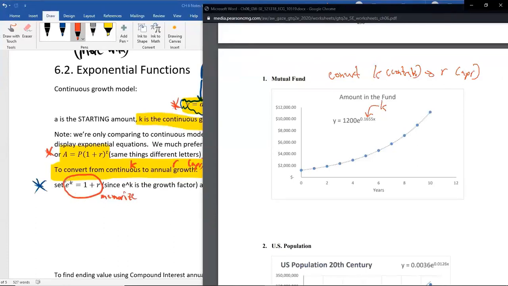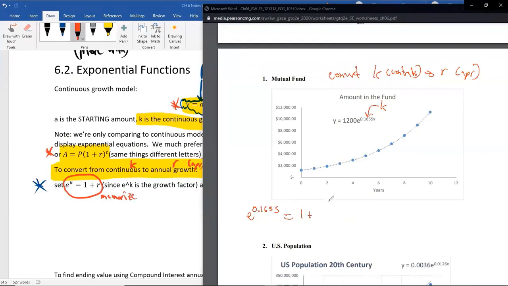You set the growth factor of one version, which I've said is e to the k, equal to the growth factor of the other version, which is 1 plus r. So e to the k is e to the 0.1655. Set that equal to 1 plus r. Well, what's r? How do I get the r out of this?